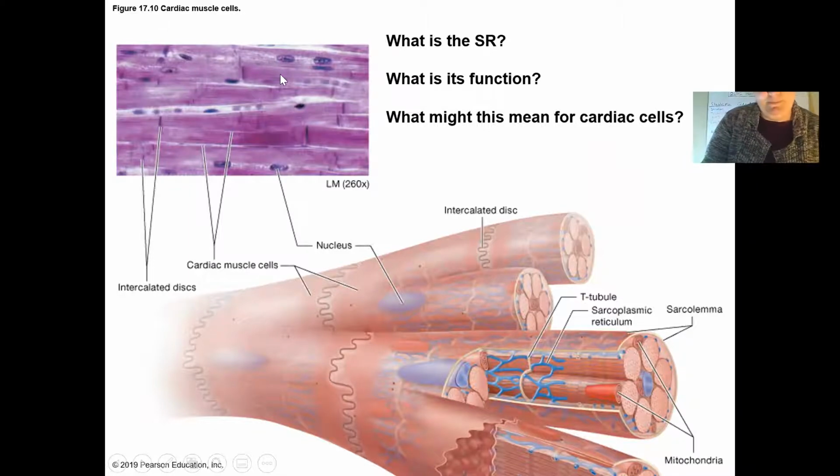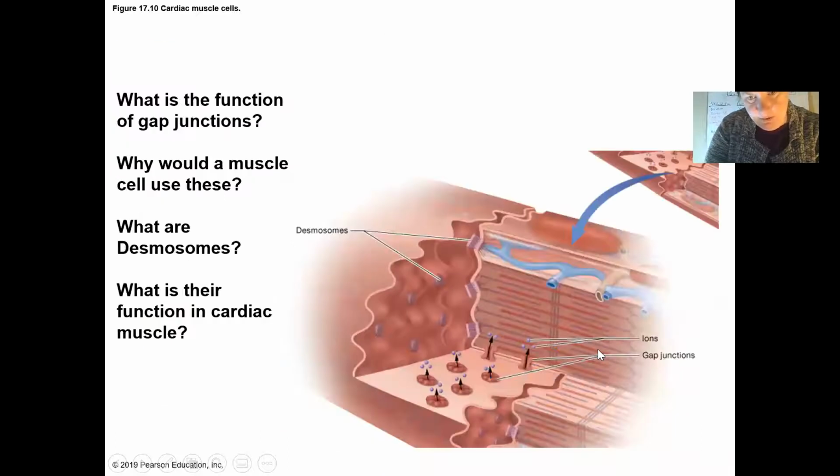All right. So we talked about what the sarcoplasmic reticulum is. Here you can really see those intercalated discs, right? Intercalated discs. All right, and here you can really see those gap junctions. Here, the desmosomes. What do desmosomes do? They hold it together really tightly.